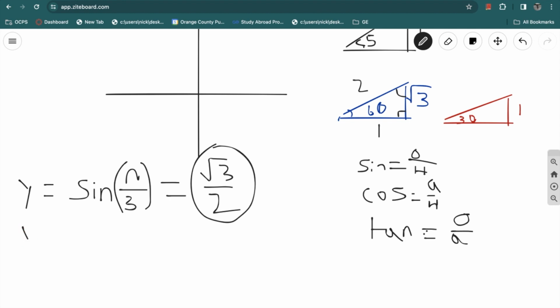Now let's do another one. So let's do y equals cosine. Let's do it on another quadrant. Let's say 5 pi over 4.